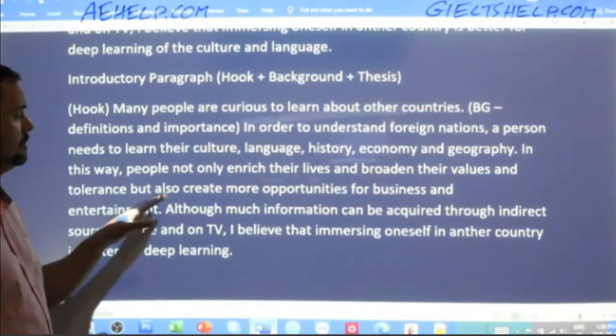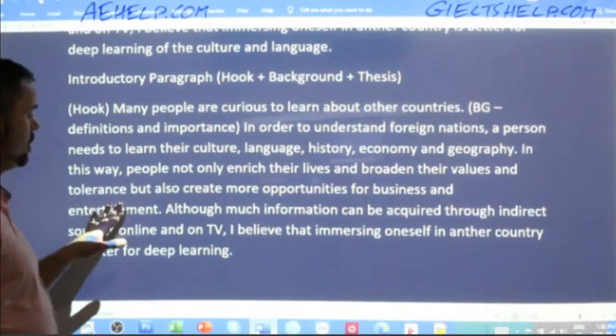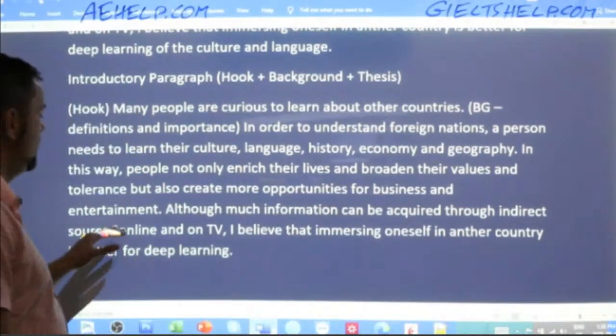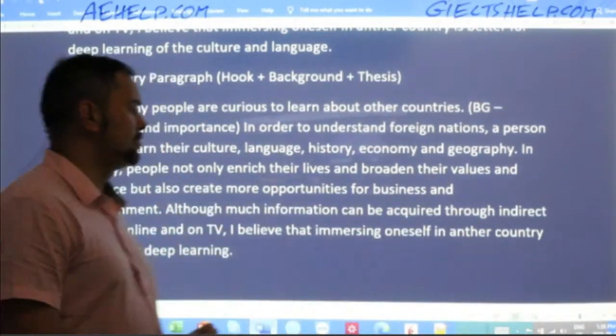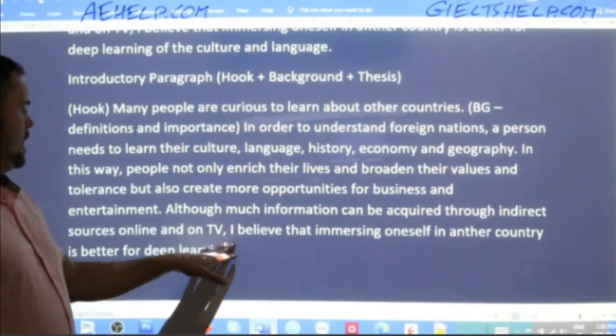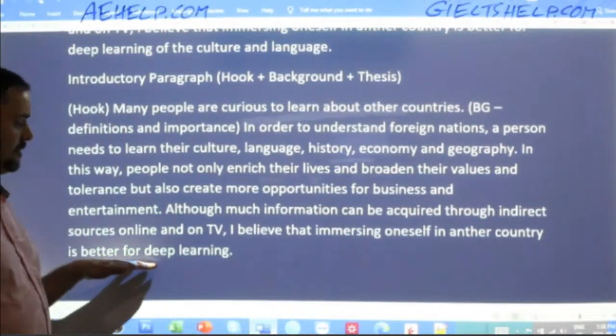In this way, people not only enrich their lives and broaden their values and tolerance, but also create more opportunities for business and entertainment. Although much information can be acquired through indirect sources online and on TV, I believe that immersing oneself in another country is better for deep learning.